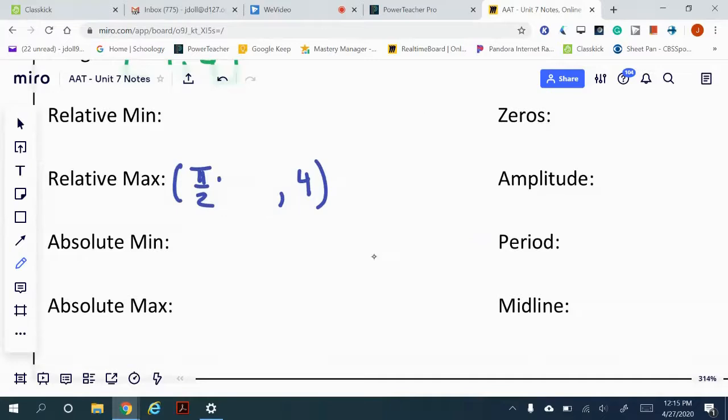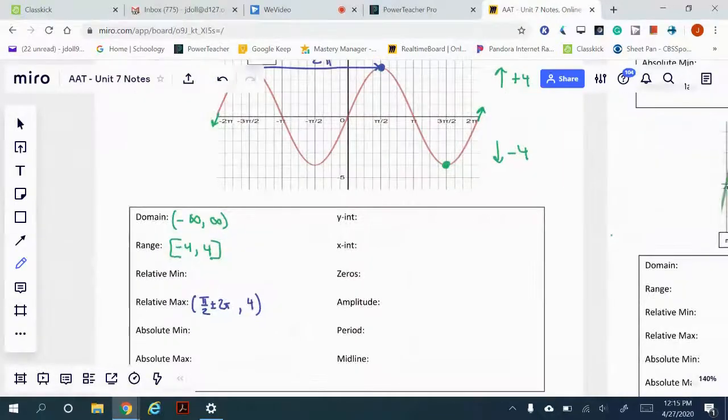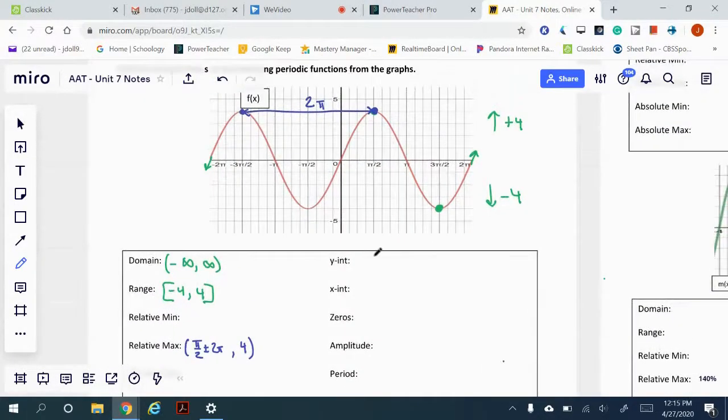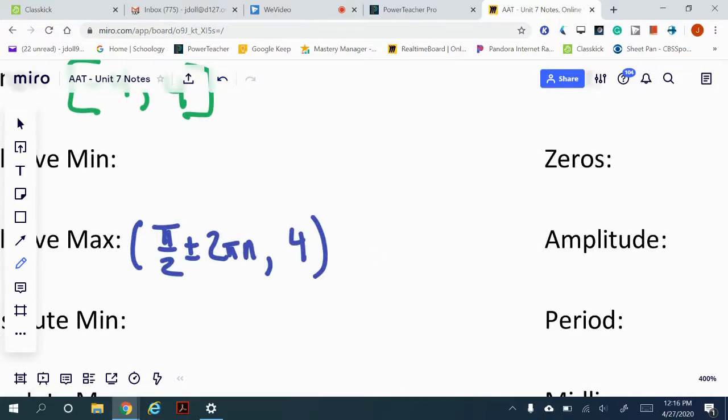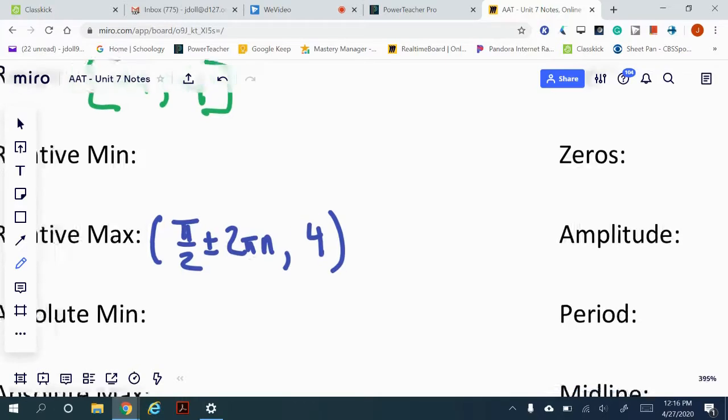Well, we're going to add or subtract 2π, going to the right or going to the left. Now, that would be doing it once. If I add or subtract 2π, that would be going 2π units to the left once and 2π units to the right once, which would mean I would have 3 total relative maxes. But I want to do it an unlimited number of times. So we're going to put the variable n after 2π. n is going to represent the infinite number of times that I could add or subtract 2π.